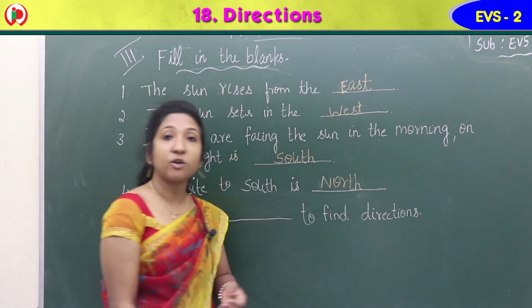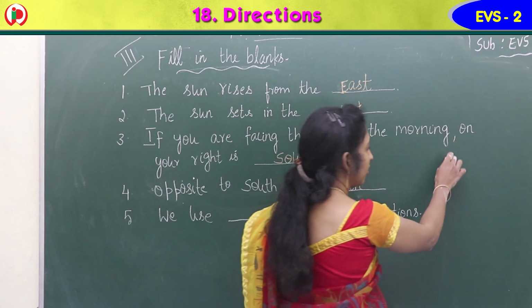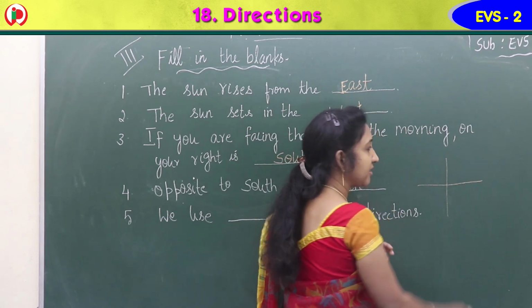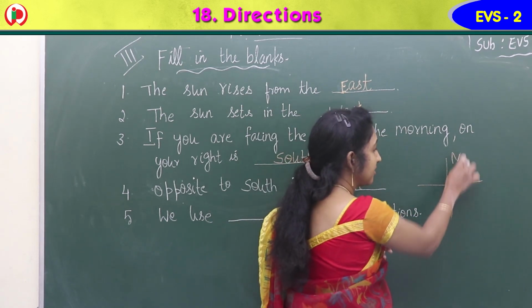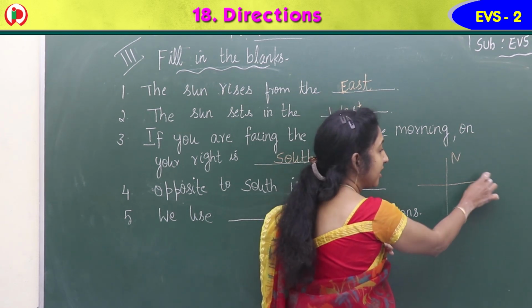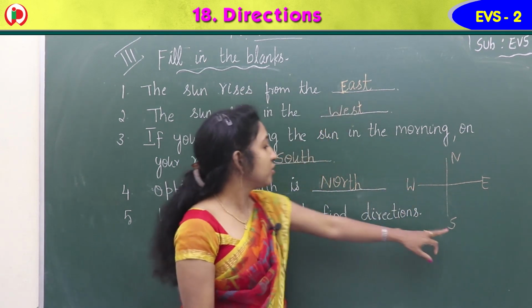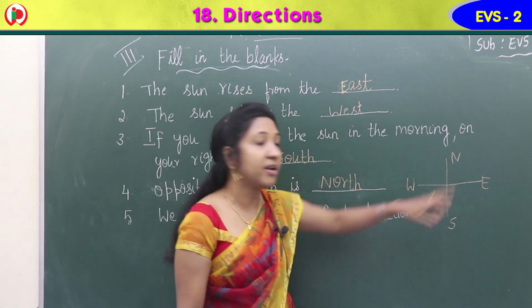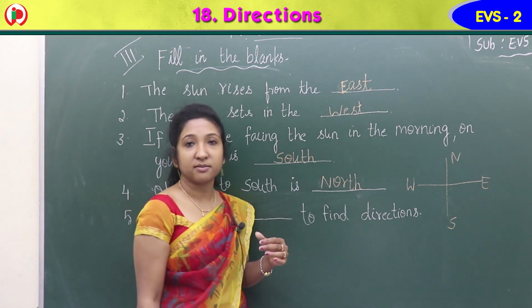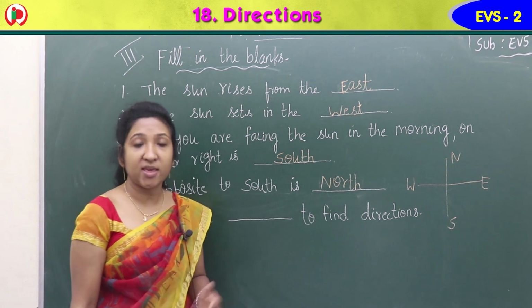North. Opposite to south is north. Isn't it? Whenever we draw the directions, we draw them like this. North, south. We mark like this, isn't it? North, south, east, west. So opposite to south is what? North. Yes.